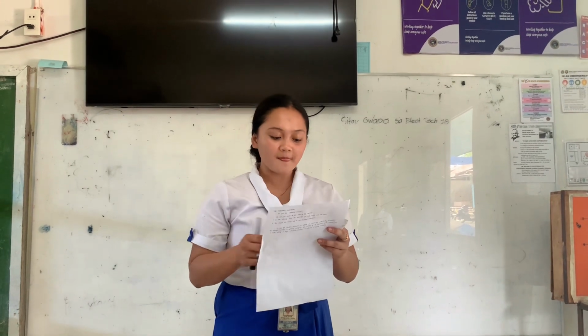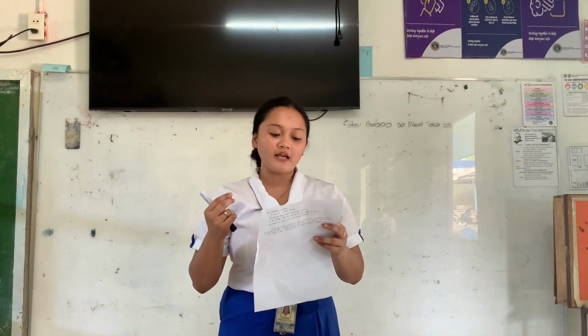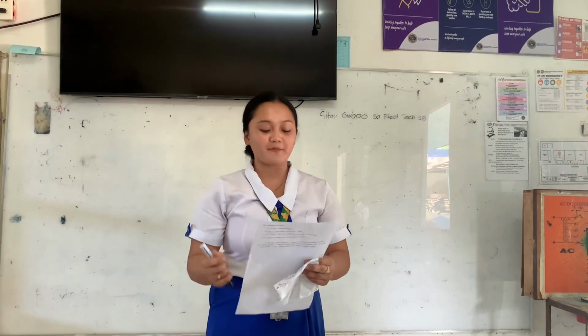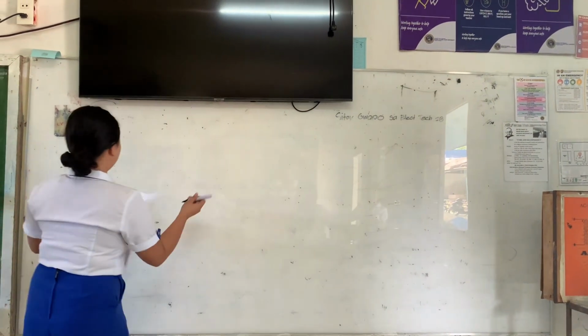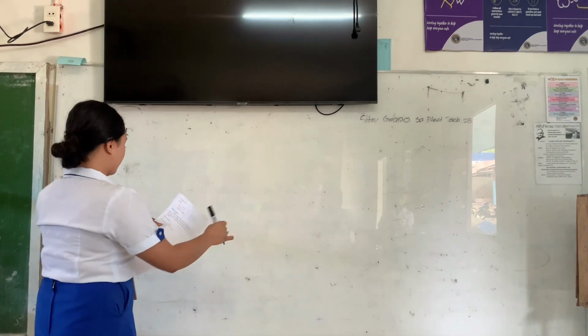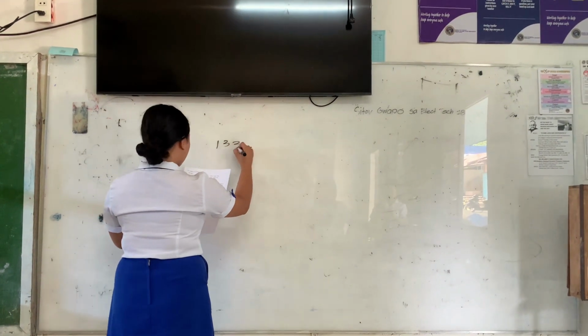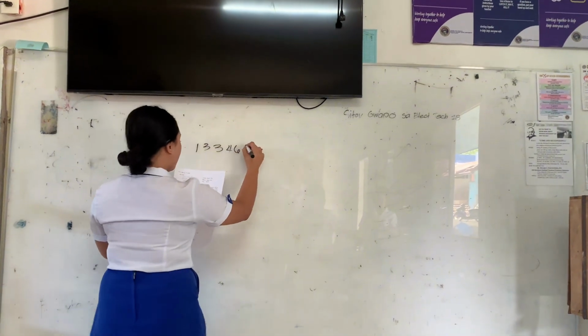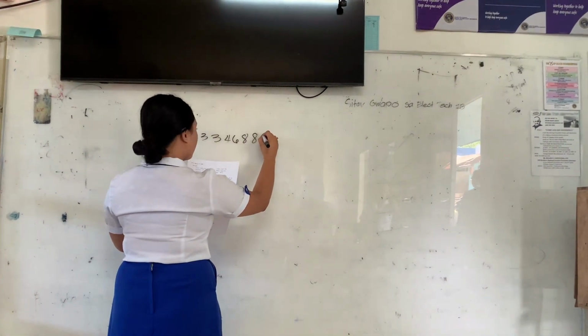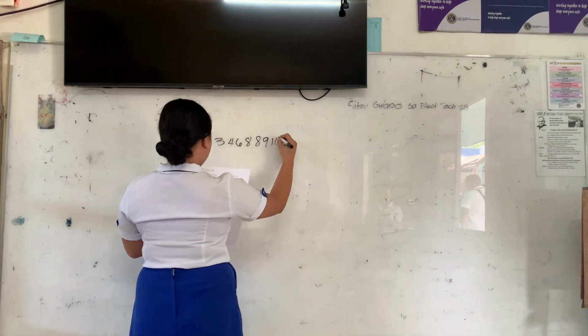First, what is range? Range is the difference between the largest and the smallest value of the data set. So, how do we solve a range? First, I will give an example: 1, 3, 4, 6, 8, 9, and 10.